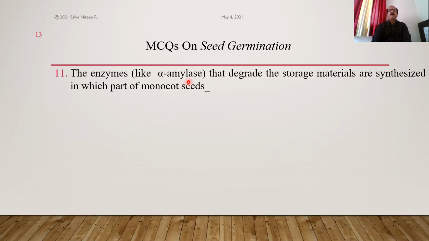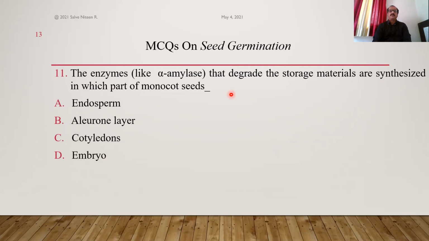The enzymes like alpha amylase that degrade the storage materials, that is starch, are synthesized in which part of monocot seeds? We have studied the structure of the monocot seed. There is an embryo with radicle and plumule, the radicle with a coleorhiza, the plumule with a coleoptile, and there is a single cotyledon which is called the scutellum, and there is endosperm, and this endosperm is surrounded by a proteinaceous living layer that is called the aleurone layer.